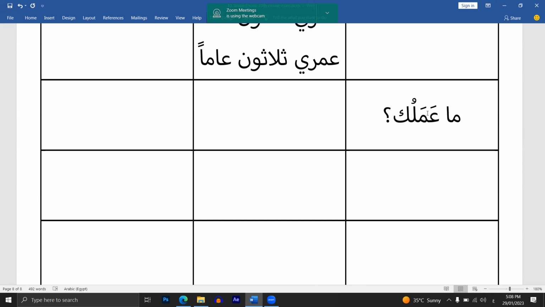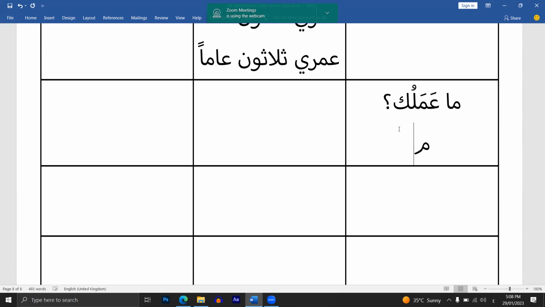We can conjugate it based on the person we are talking to. Or we can use this عملك. عمل means work. ما عملك, what is your work? What's your job? We can also use ما وظيفتك. وظيفة, job, عمل, work. Okay, ما وظيفتك.